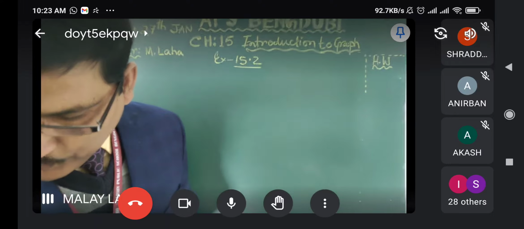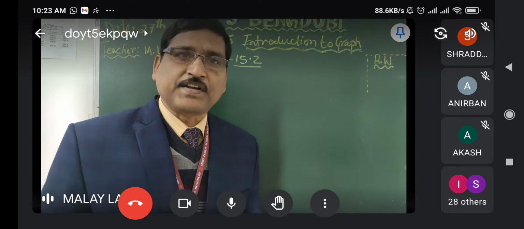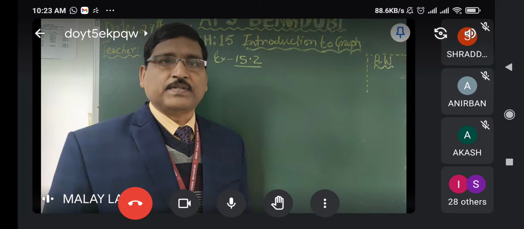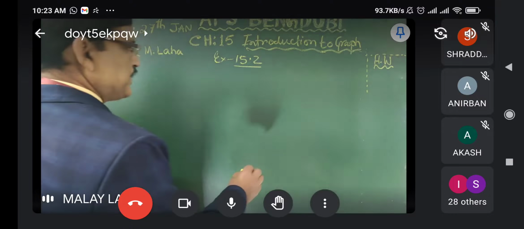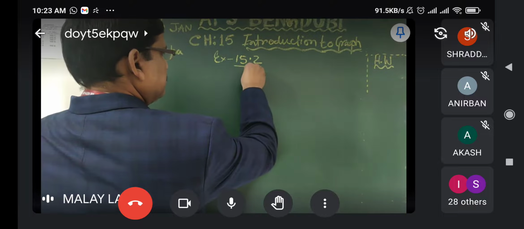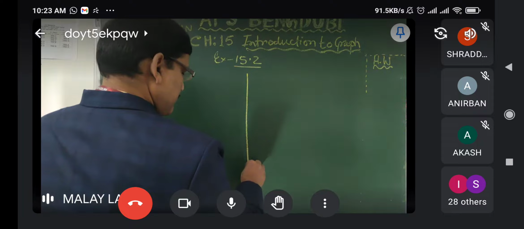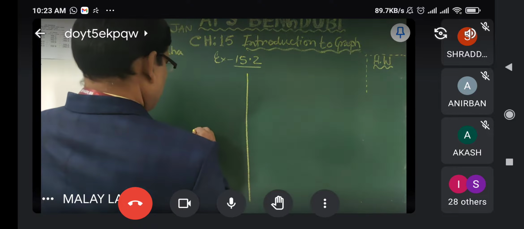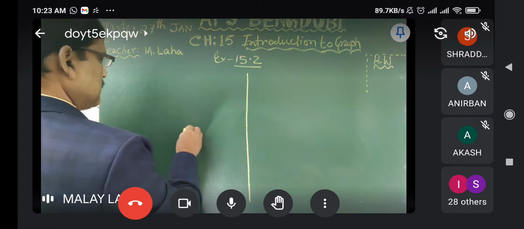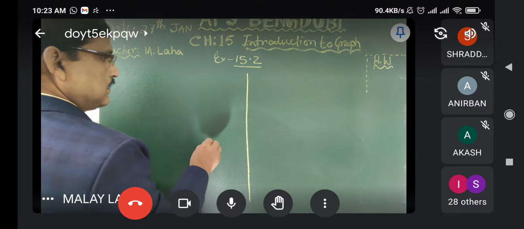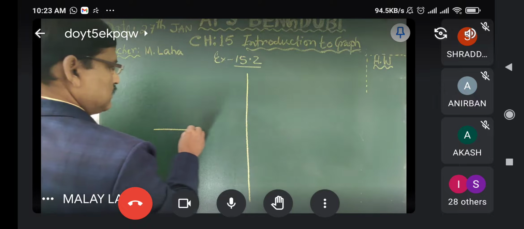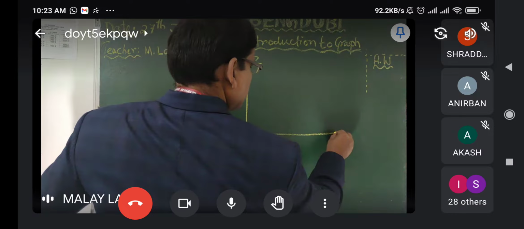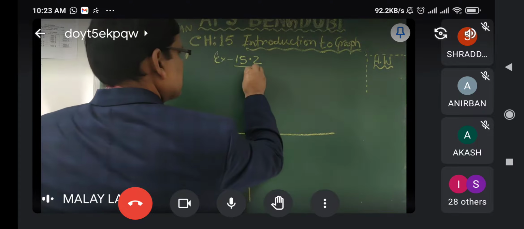Clear? You have to know some different terminology to represent the points on the graph paper. So I am doing it. Those who have a graph paper, you will follow. Suppose you have a graph paper. The marks are in centimeters, not inches. Some graph papers are in inches, some are in centimeters.